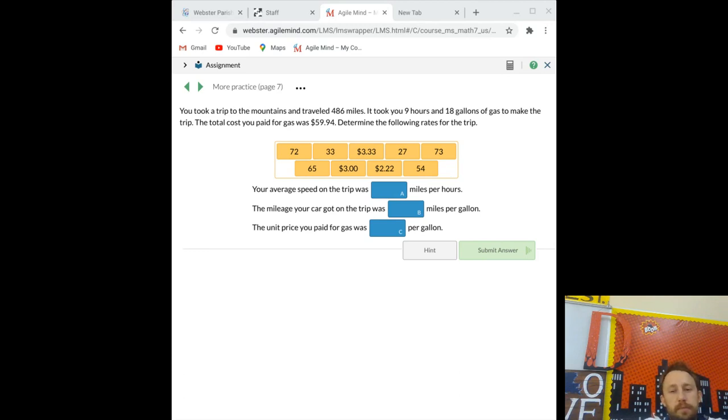I got how you got that one. All right. But Levi, how did we get the miles per gallon and the miles per hour? We divided. Correct. All right. So we did 486 divided by 9 to get the miles per hour, and we did 486 divided by 18 to get the miles per gallon.